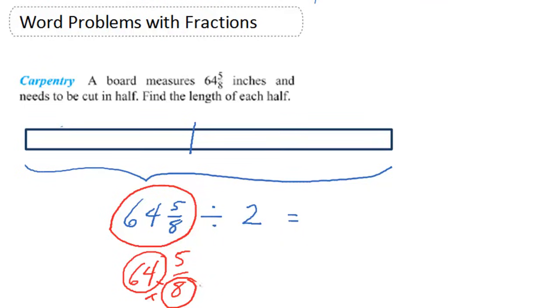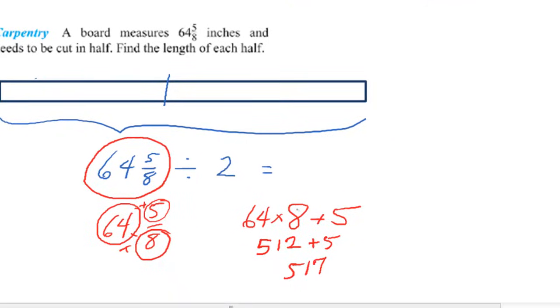So these two get multiplied, 64 times 8, and then you're going to add this 5. 64 times 8 is 512, and then 512 plus 5 is 517. So this 64 5/8 is going to be 517 over 8.